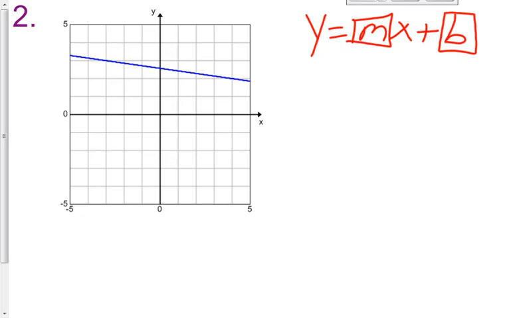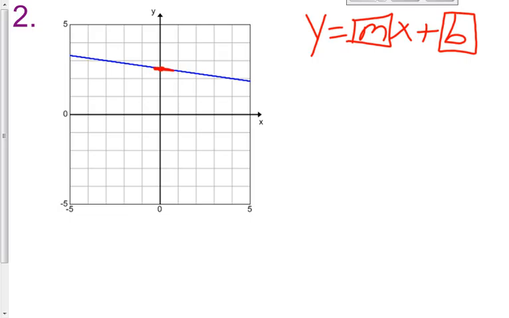If you're looking at this one, do you know where this one crosses the y-axis? What is your y-intercept? Well, you know it crosses right here. Now here's the tricky question that I'm going to ask you, class. Do you know exactly where that is? You might say it crosses at 2.5. However, does it have to cross at a half right here?